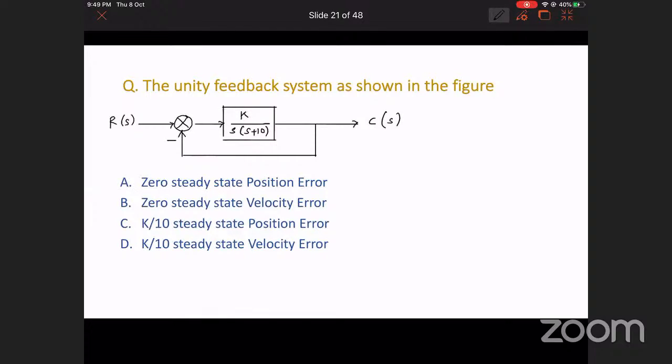You already have the formulas with you. I would like to know, do you have zero steady state error, or zero steady state velocity error, K by 10 steady state position error, or K by 10 steady state velocity error.